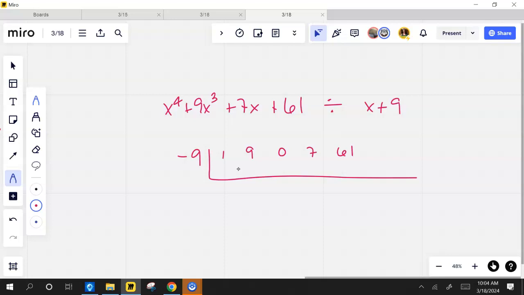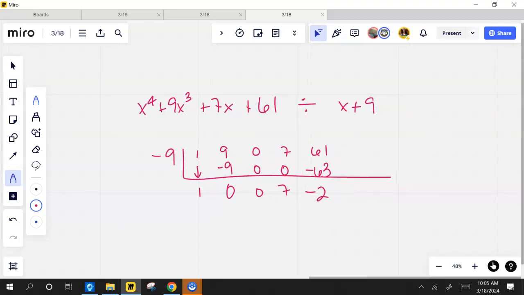All right, drop it. Multiply, so you get negative 9. Add, 0. Multiply, 0. Add, multiply, add, multiply, add.